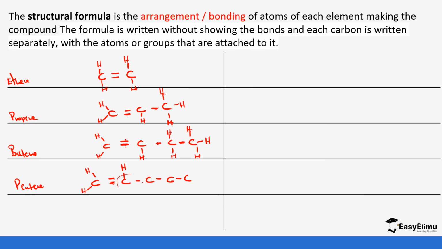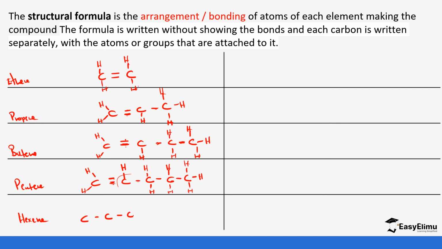And then this carbon has 2 bonds, requires 2 more. This carbon has 2 as well, so it requires 2 more. This has 1, so it requires 3. Always count. And finally, we can do one more, hexene with 6 carbons.